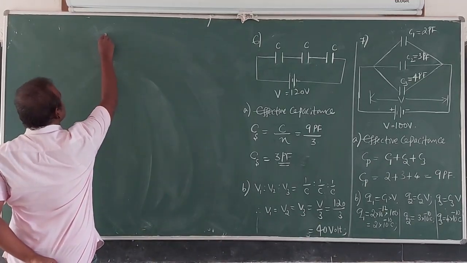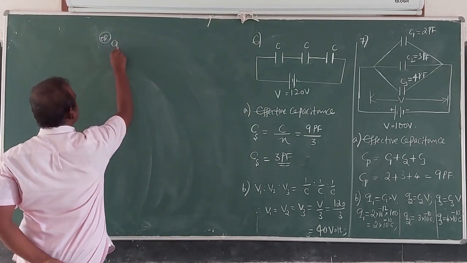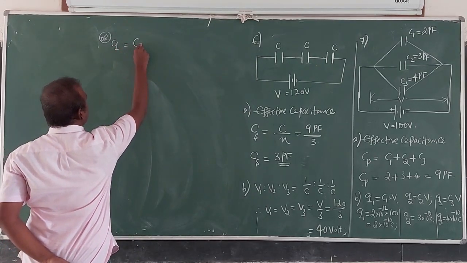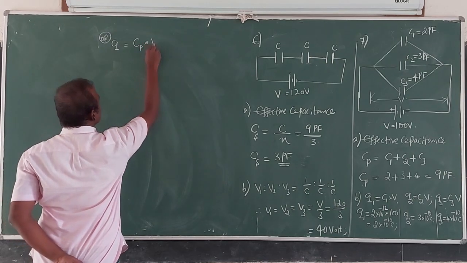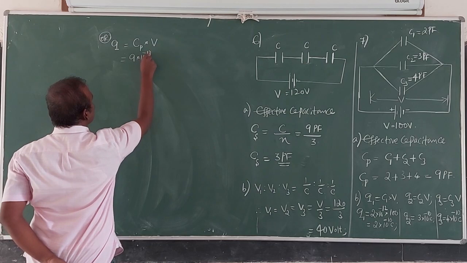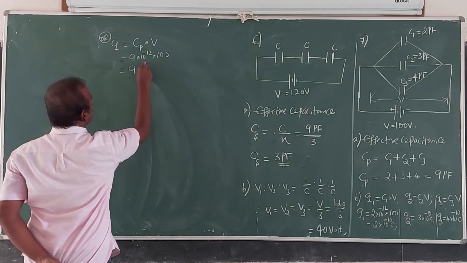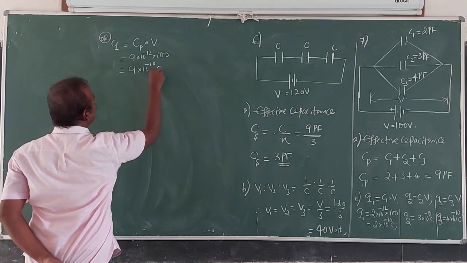Or students, remember, the charge ratio can also be calculated by knowing the total charge. Total charge is equal to total capacitance into total potential, which is 9 into 10 to the power minus 12 into 100, which becomes 9 into 10 to the power minus 10 coulomb.